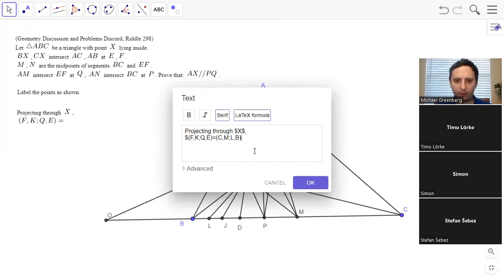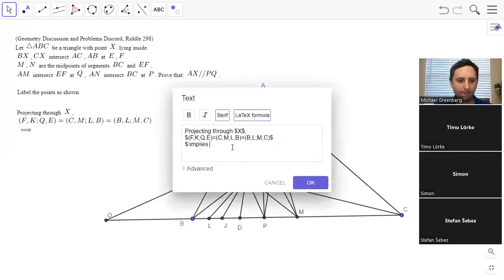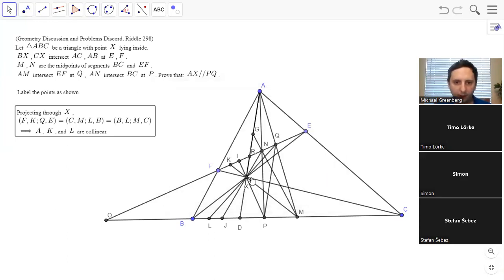And we can rewrite that as, because you can swap things around, there's 24 permutations, but that should be the same as BLMC. And that implies that A, K, and L are collinear. And then similarly, A, I, and J are collinear.